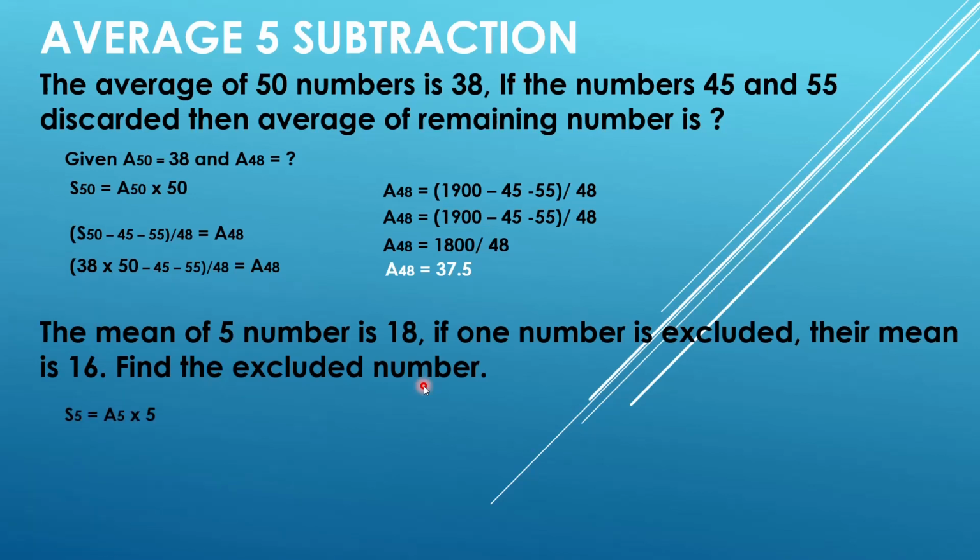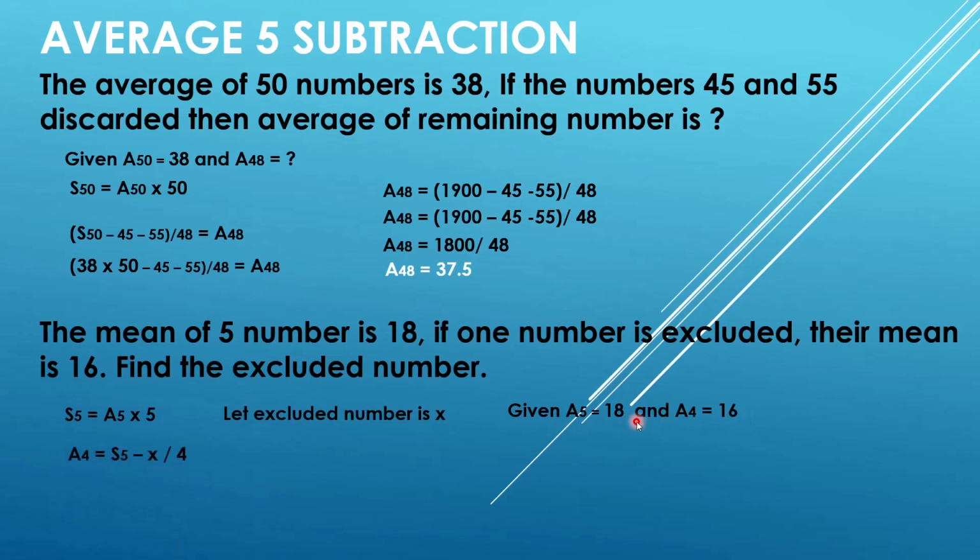So how to do this? A5 we know, so S5 we can calculate. Let the excluded number be X. A5 and A4 both are given.